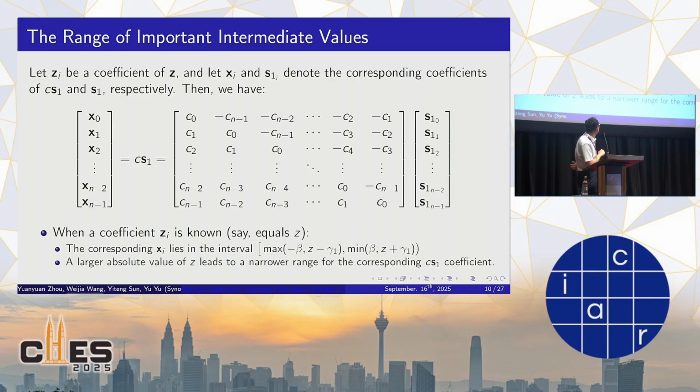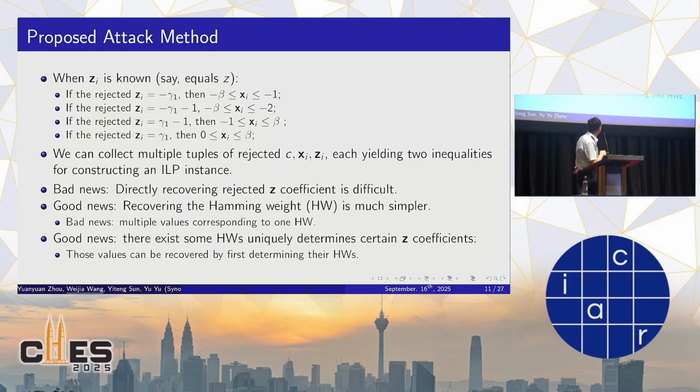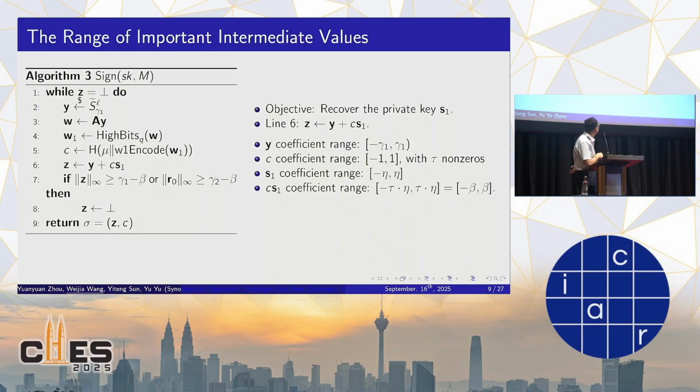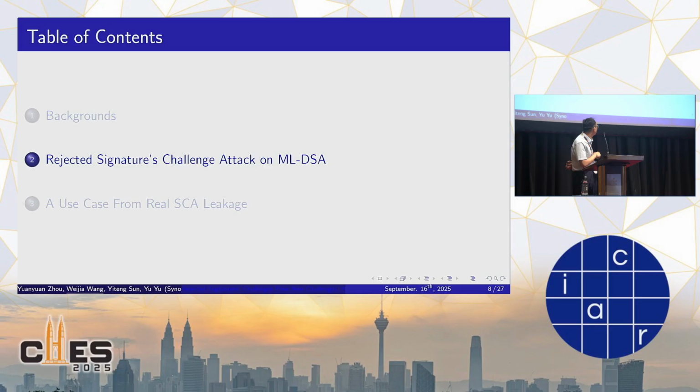If we know the range of the coefficients of cs1, for example the range of xi, and assume that we already know the value of c, which is the challenge, we can build inequalities for the value of cs1. When a coefficient zi is known, we can calculate the range of cs1, which is narrower than minus beta to beta.